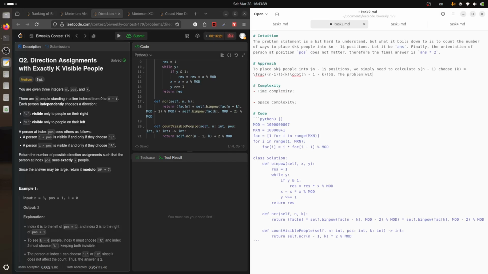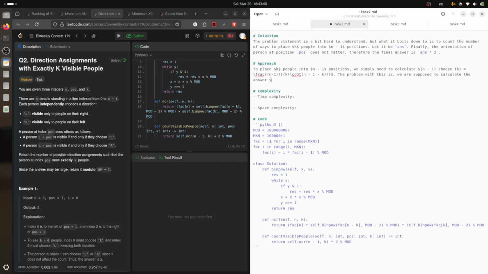The problem with this is we are supposed to calculate the answer modulo 10^9+7. Let's think.